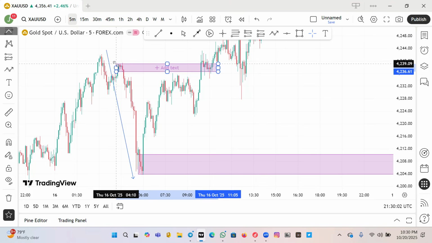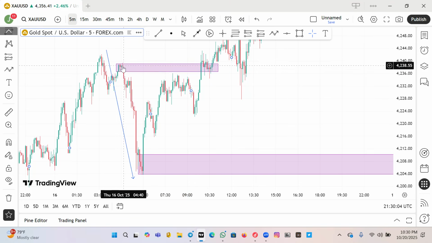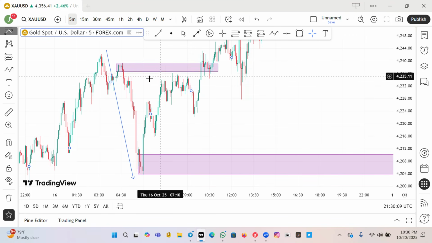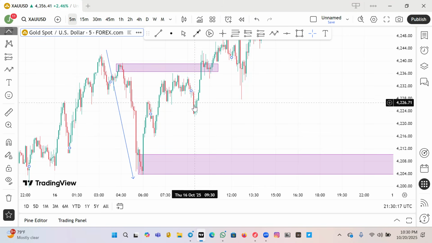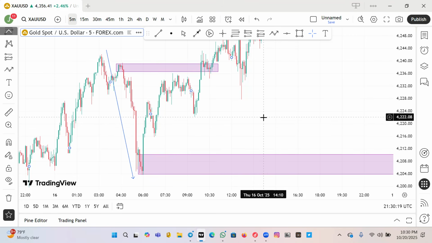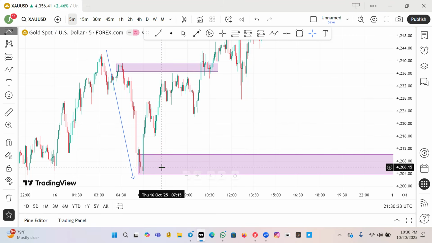So this would have been our point of interest. So you're always looking for an unmitigated order block around your liquidity point, and I just showed you guys where the liquidity point is.